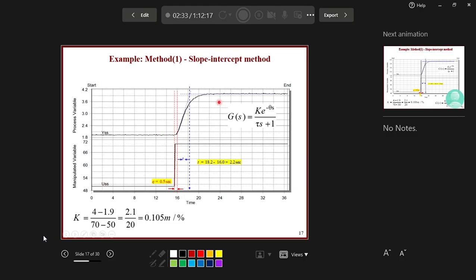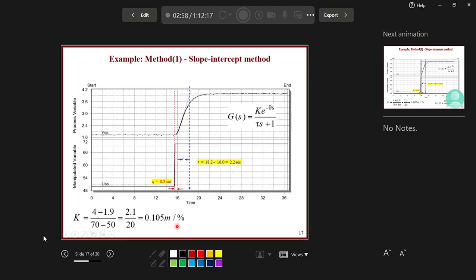The output was 1.9 and it went up and reached another value of 4. So the difference between the two is 4 minus 1.9. This will make it 2.1 divided by 20, which is 0.105, and then the unit.